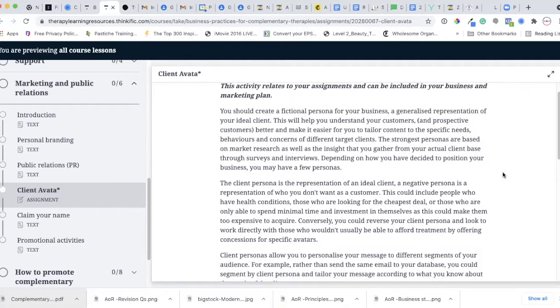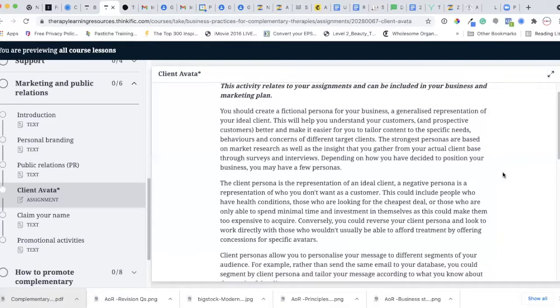So really, I guess the clients that you're looking for are going to be people that are interested in natural health, well-being. So maybe they are already subscribed to certain magazines, books, they read certain articles. So finding people that like things that you can then use keywords and target is quite important as well.